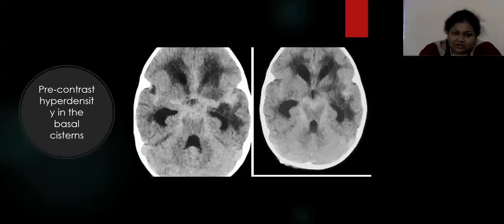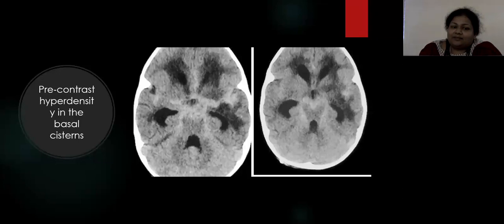This hyperdensity can be seen on the CT. What else are you picking up here? Just describe the CT. This is a non-contrast CT, but it has picked up some hyperdensities. Then the ventricles are dilated.